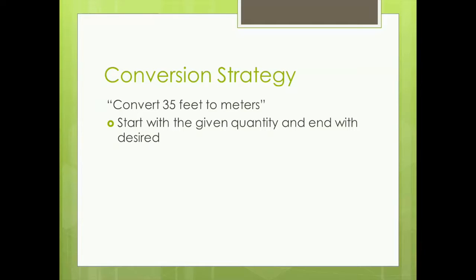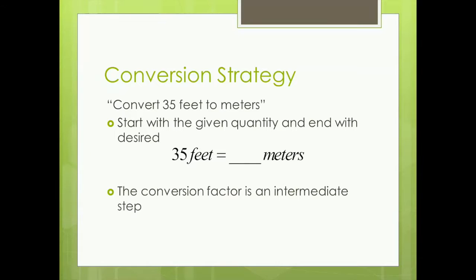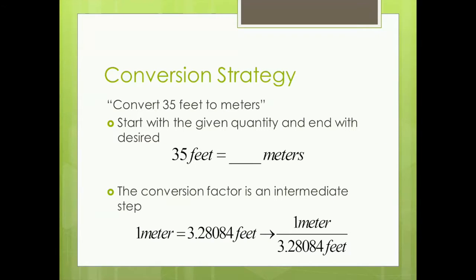Start with a given quantity and end with what's desired. For this, we'll start with 35 feet and arrive at some number of meters. The conversion factor acts as an intermediate step that transfers us from the original units to the ones that's desired. It is common to see the conversion factor given as a fraction.